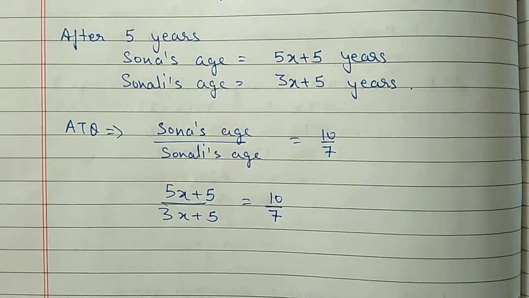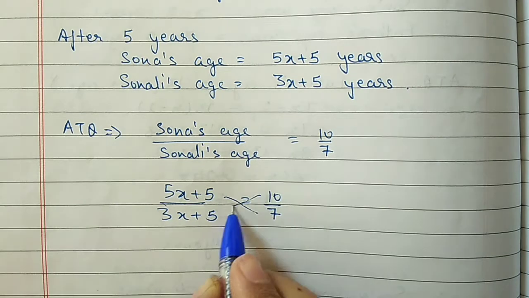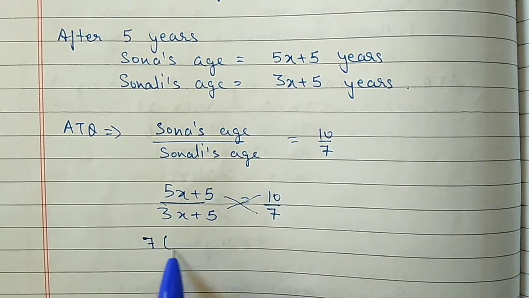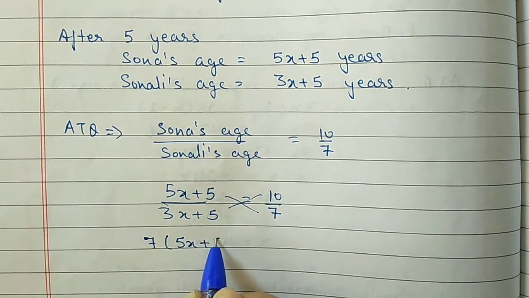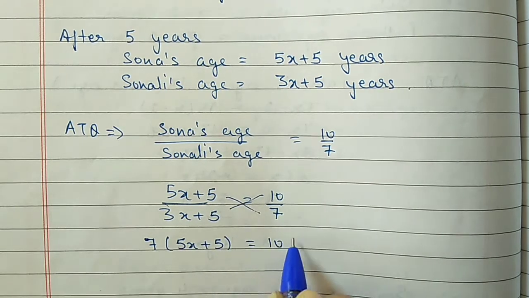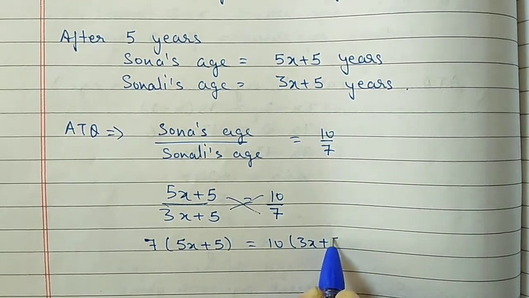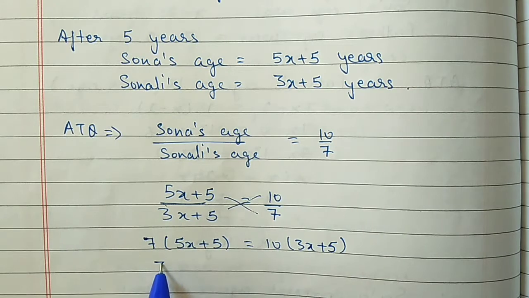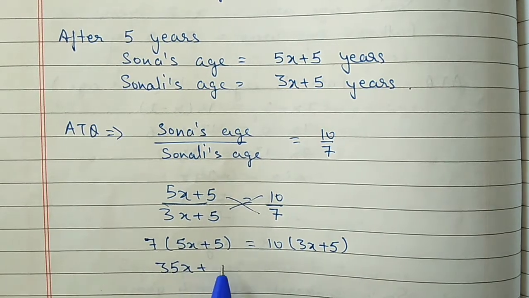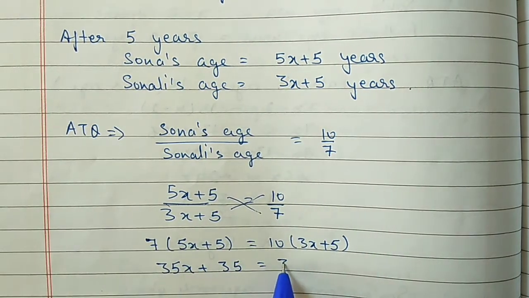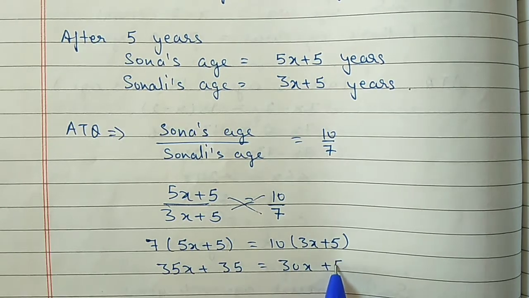Now this equation we can solve. First we need to cross multiply. We will get 7 times 5x plus 5 is equal to 10 times 3x plus 5. We can multiply. 7 times 5 is 35, 35x plus 35 is equal to 30x plus 50.